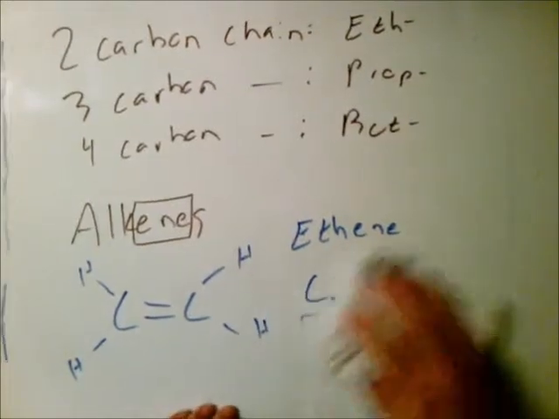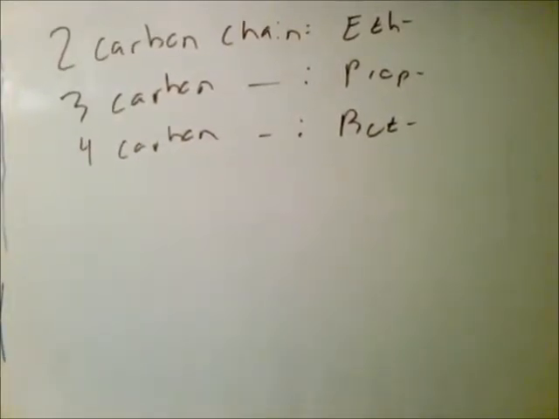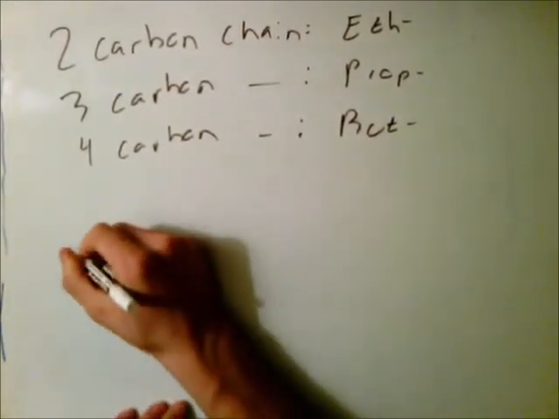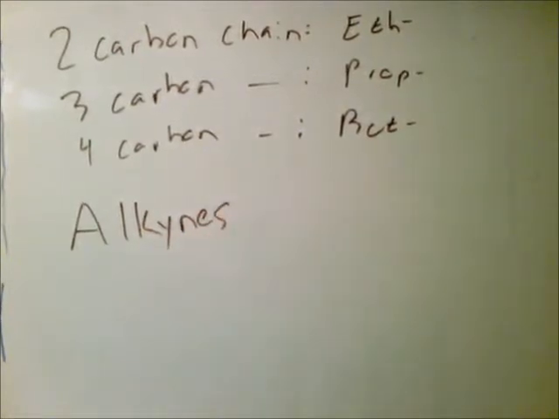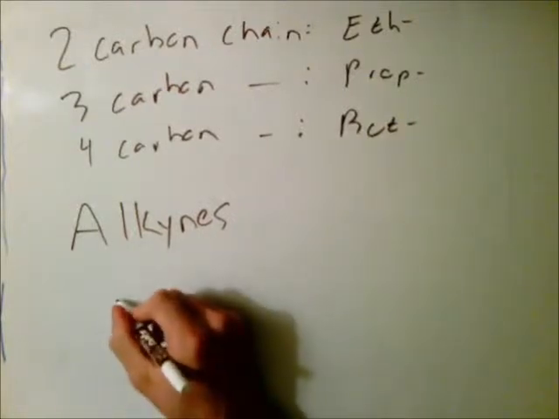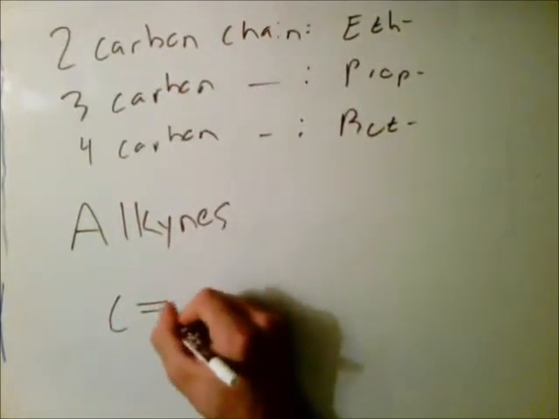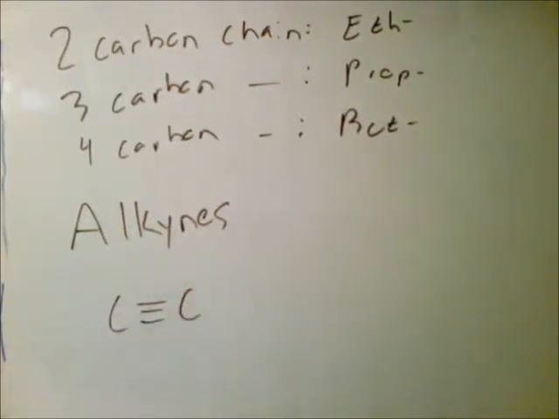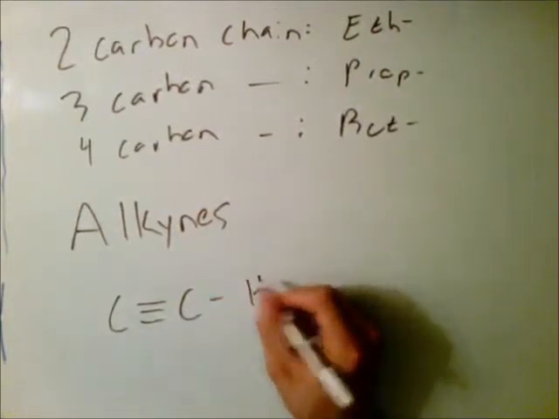Now I have one more class of the basic hydrocarbons. Those are alkynes. Alkynes are hydrocarbons that have triple bonds between two carbons. So sticking with the parent name eth, we have a triple bond between two carbons.